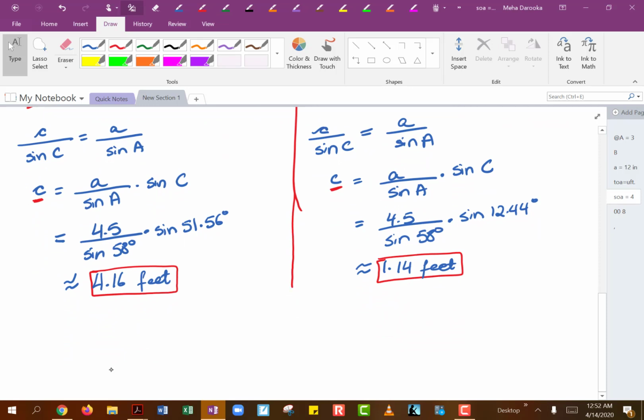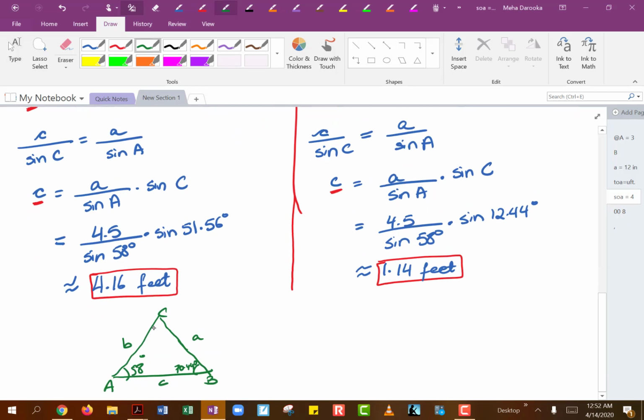angle here, maybe, and this is just going to be a rough sketch here, not very accurate, but this guy might end up being, so we were given 58 degrees, and then let's see, 70.44 for this guy, and 51.56 for this guy, right?